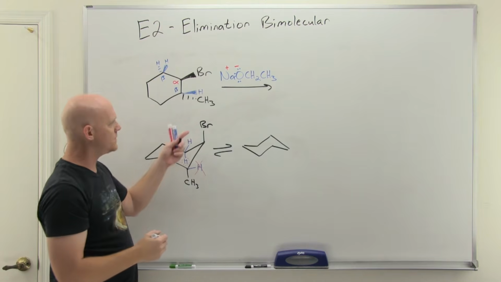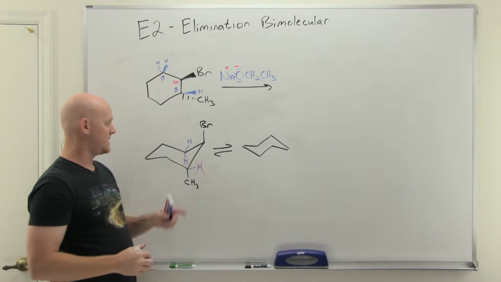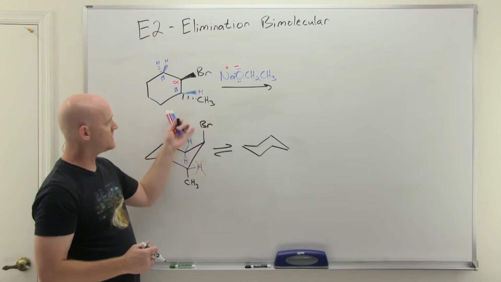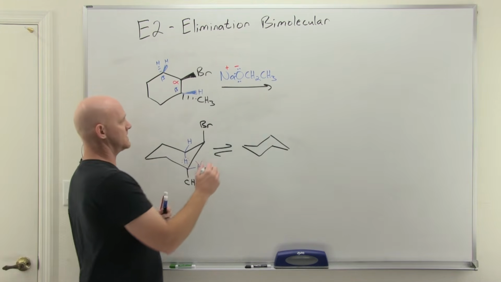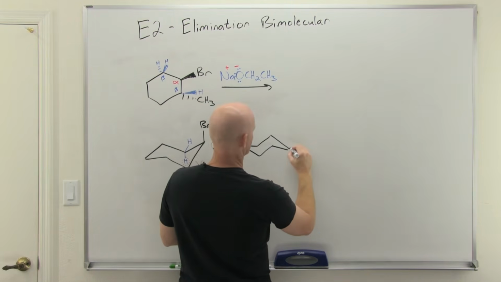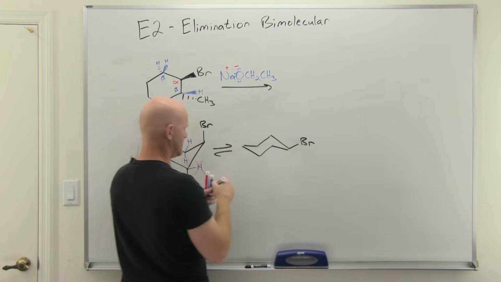And it turns out only when the leaving group is axial, and we'll find out that it and the hydrogen that's antiperiplanar will be transdiaxial, but only when the leaving group's axial is this reaction even possible. So in this case, we arrange this bromine is now going to be over here and be equatorial.